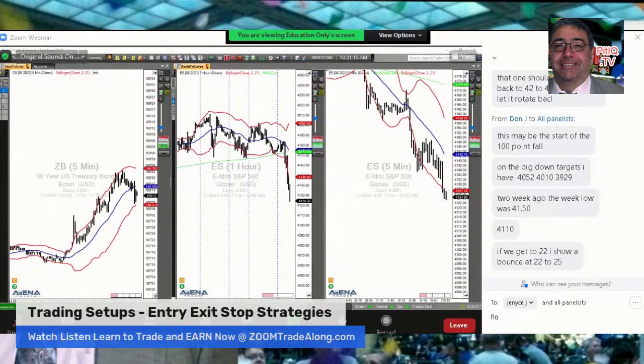And market is on the lows here, and that support level is down at 20.